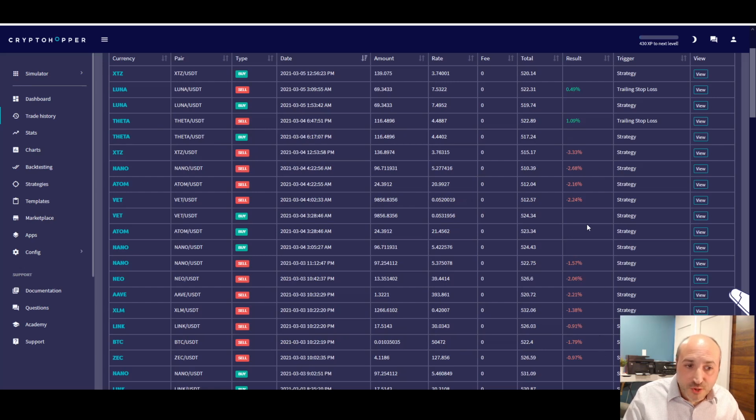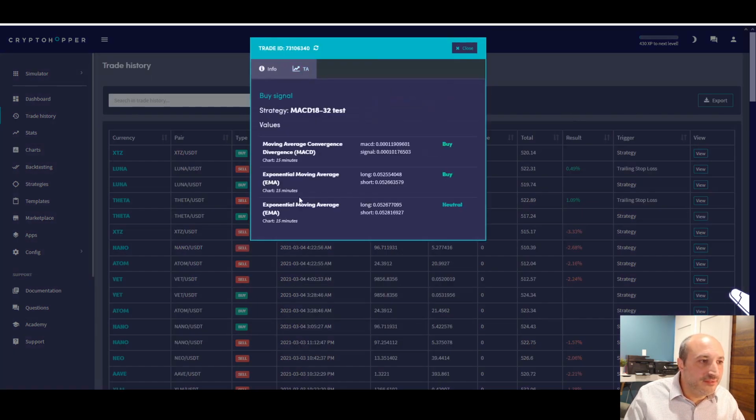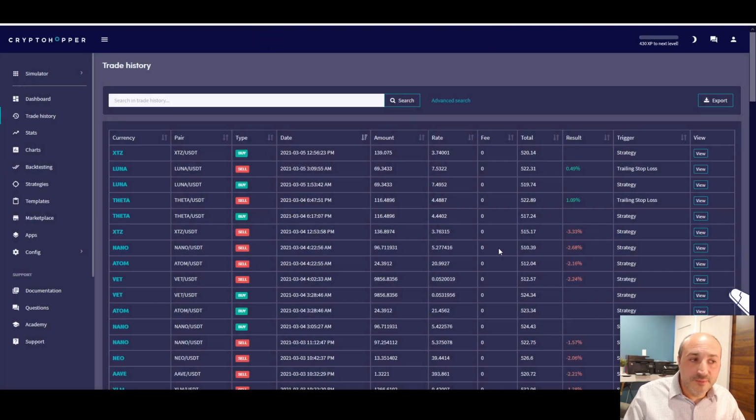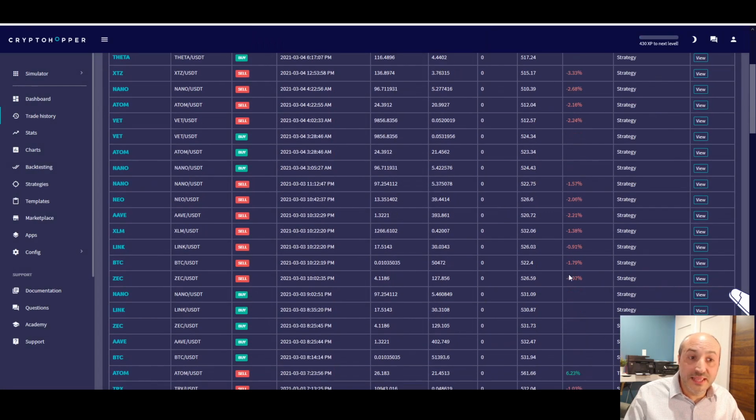So as you can see, all those ones are negative, and I'll show you why. I was trying on the 15-minute chart, but it was not working very good at all. So for my stats, I was removing those from the data so it didn't confuse or change my configuration.